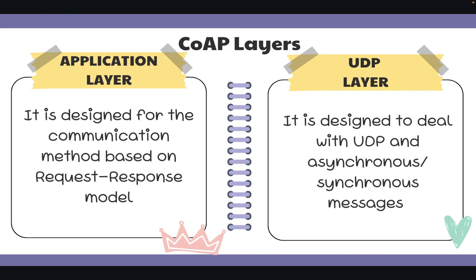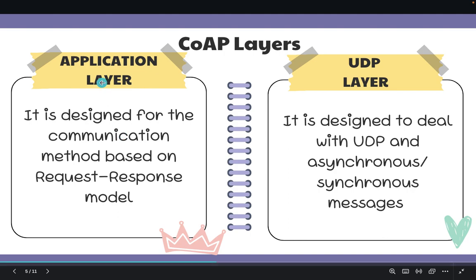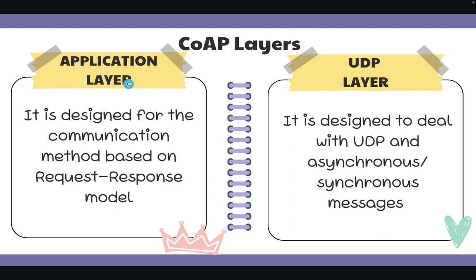Let us take one more slide here about CoAP layers. In CoAP layers, we have two layers. The first one is the application layer. Below that we have the UDP layer. The application layer is designed for the communication method based on the request response model that we discussed in the last slide.